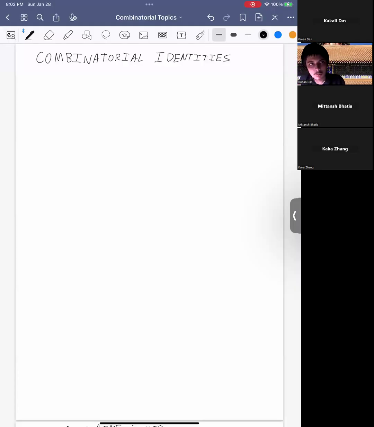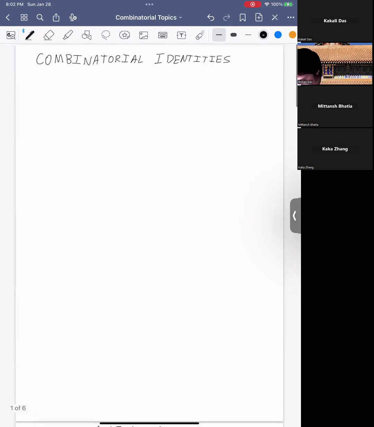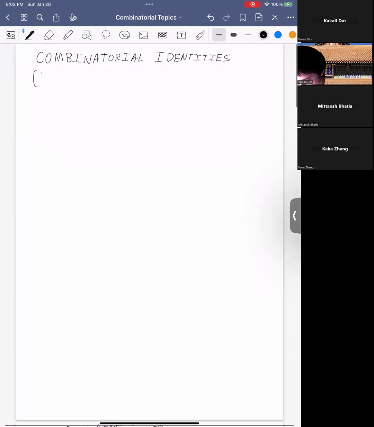So, one important part of computational combinatorics is a few identities which relate to the choose function, where n choose k is the number of ways to pick k items out of n.